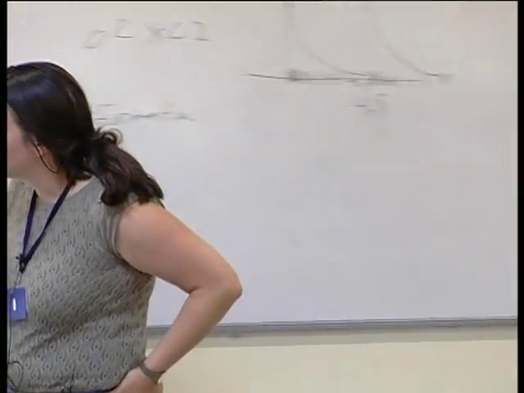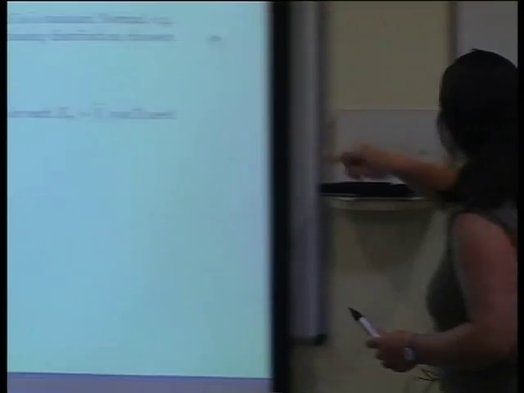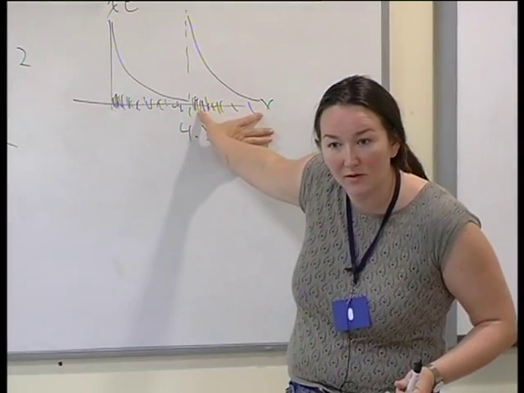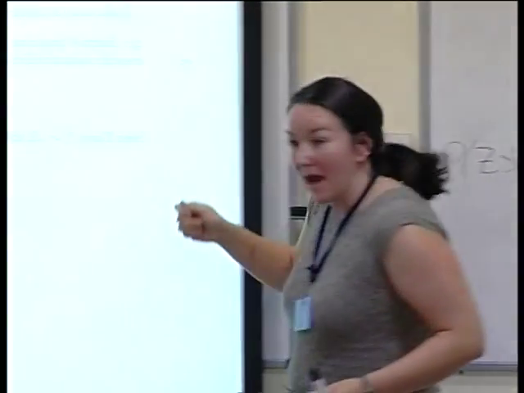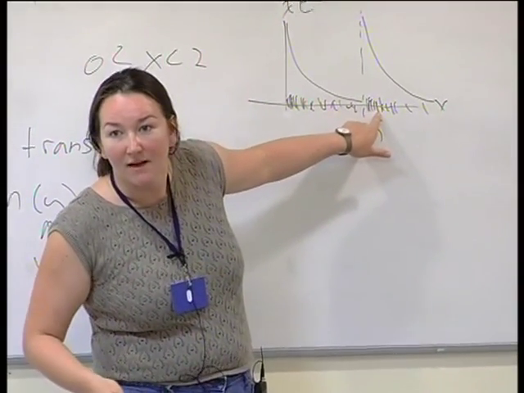So really now what we're going to be doing is drawing our xn's from this importance distribution, which is just our exponential shifted over 4.5. And I'm going to get a number when I do that. Maybe I get 4.9.